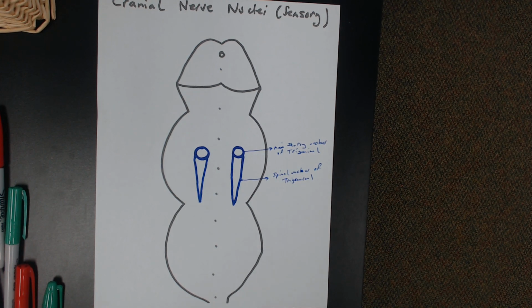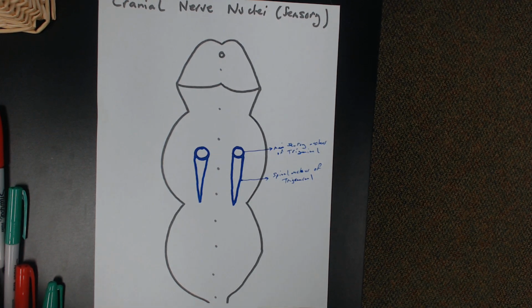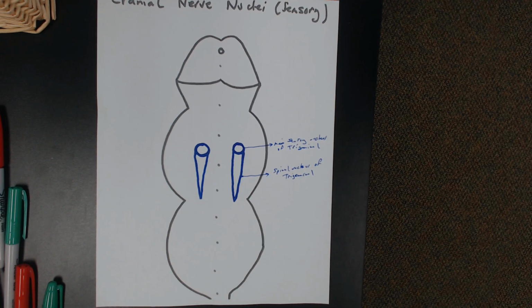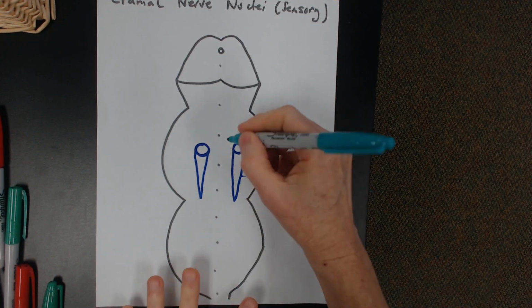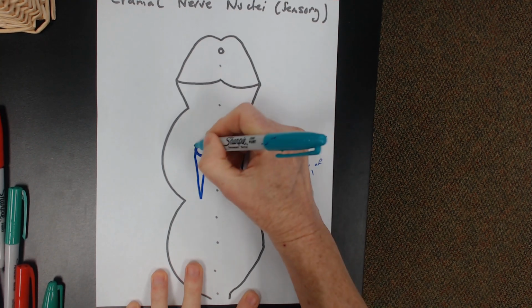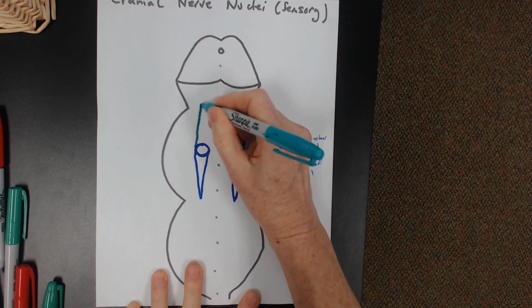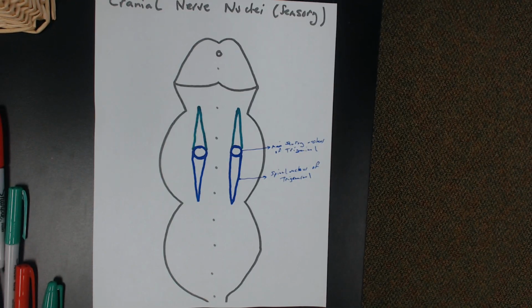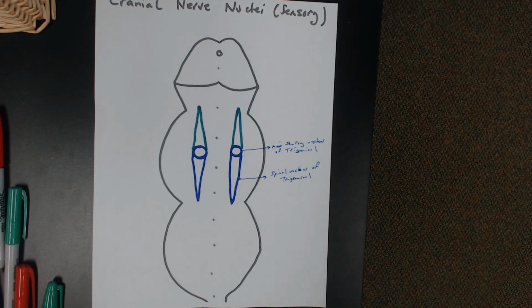Now there's another nucleus that's associated with sensory function, and it sits here. This is going to be your mesencephalic nucleus. Okay, what is that color? Here it is.